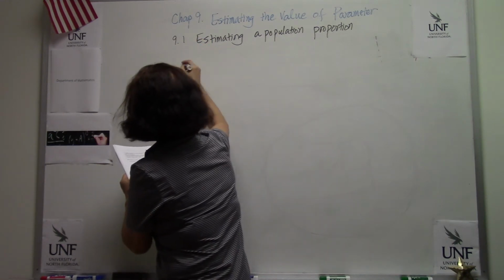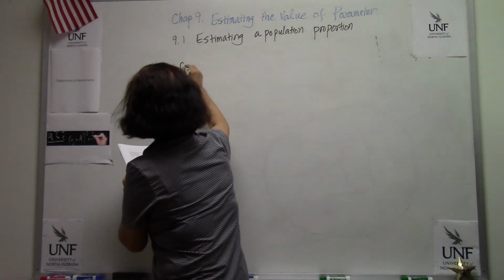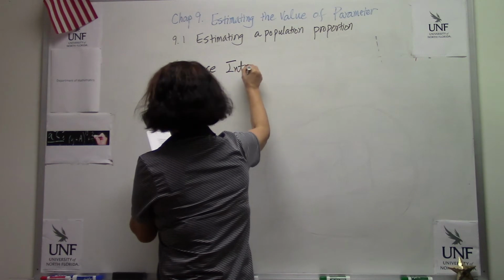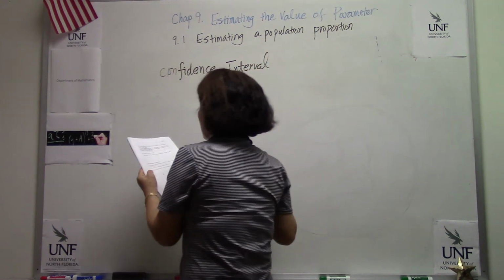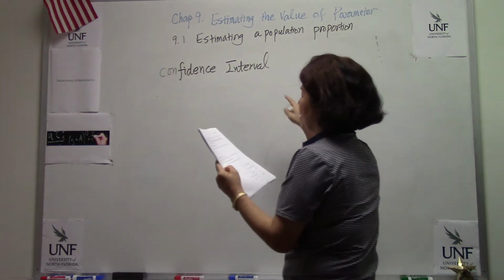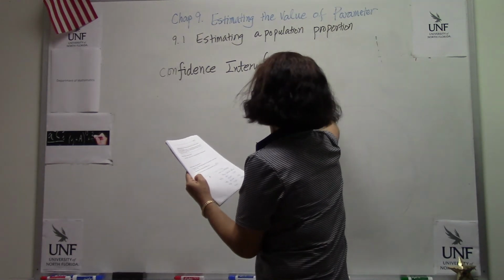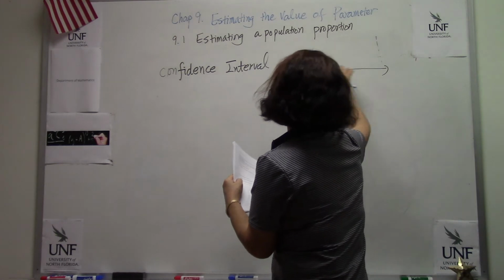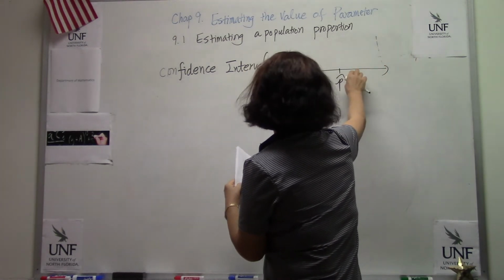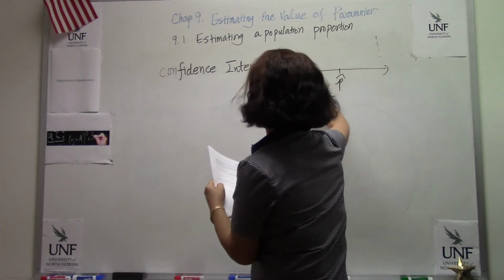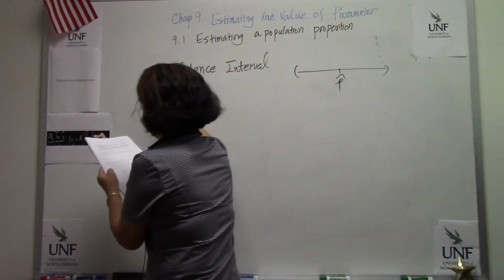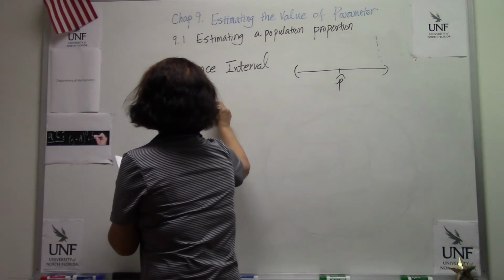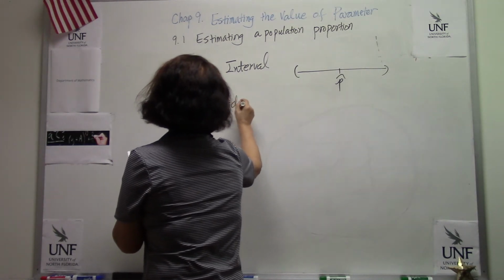A confidence interval for an unknown parameter consists of an interval of numbers. What you saw in the sample proportion, you give a little buffer above and below to make an interval. And the level of confidence is related to it.